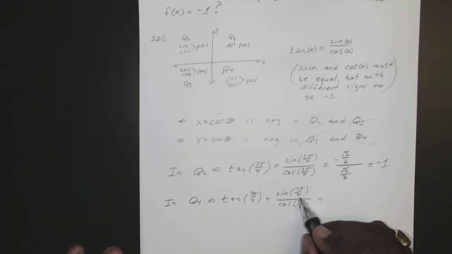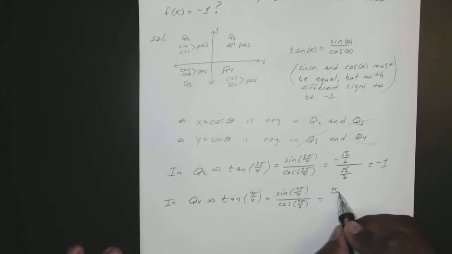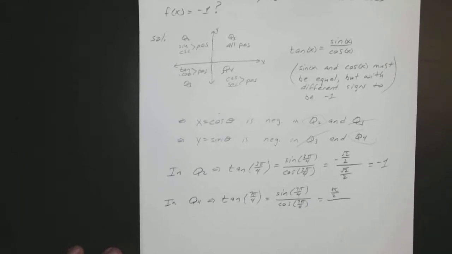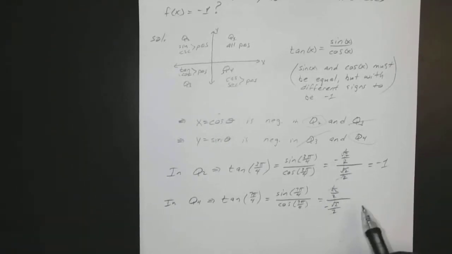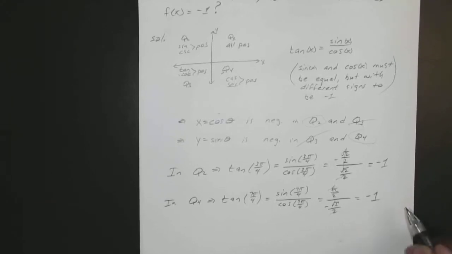But in this case, the sine is positive, square root of 2 over 2, and the cosine is negative, square root of 2 over 2. Again, anything divided by itself is just going to equal 1. So again, you get -1.